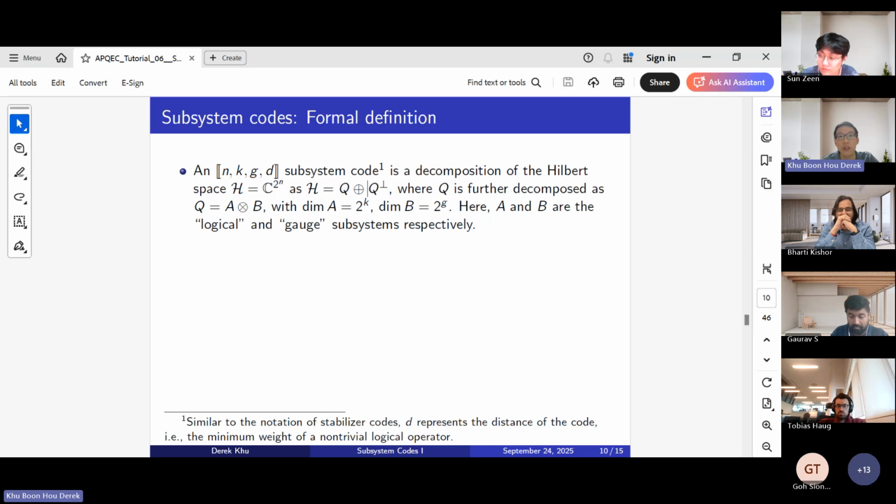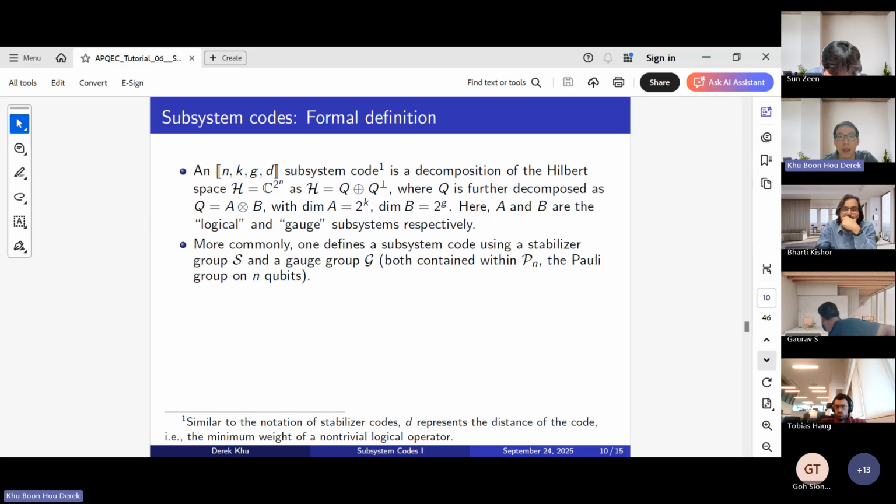K is the number of logical qubits, G is the number of gauge qubits. We call A and B the logical subsystem and the gauge subsystem.